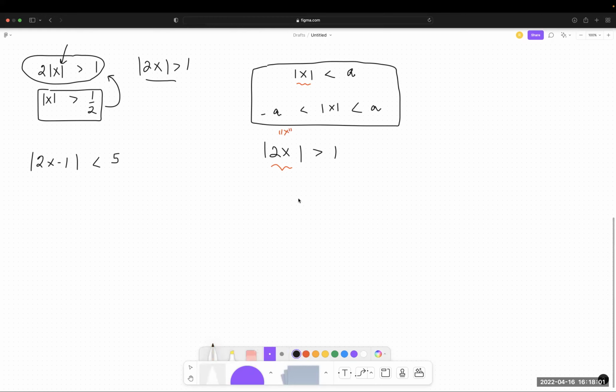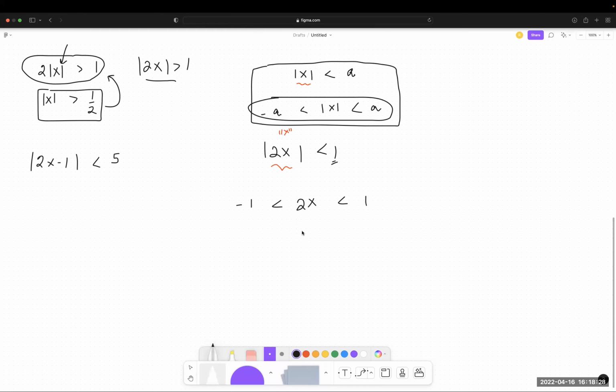So we take our 2x and we sandwich it. Let's make that less than here so that it matches our inequality. We sandwich it between our a, which in this case is 1, so negative 1 and 1. We found our a, we sandwiched it between negative a and a. And then here we actually solve for x.